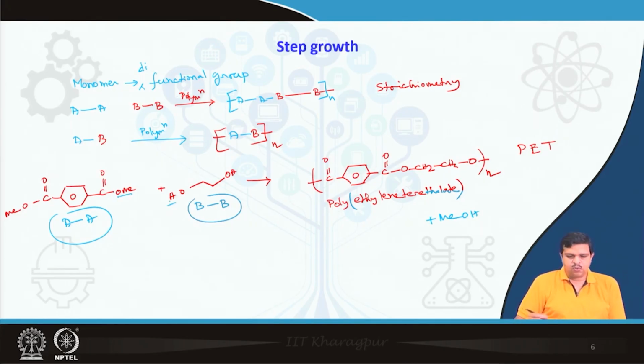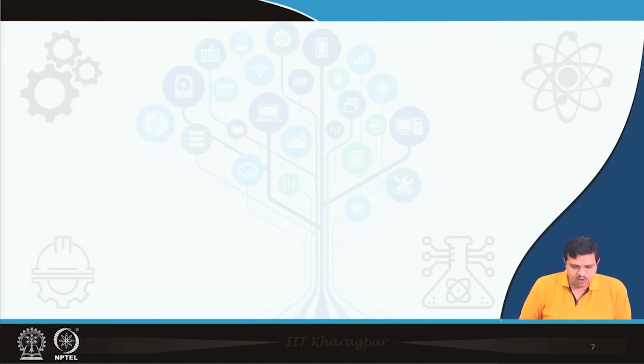In many cases water is coming out. So, it is like a condensation polymerization. You will see a lot of examples of step growth polymerizations leading to very common polymers which we use in daily life.